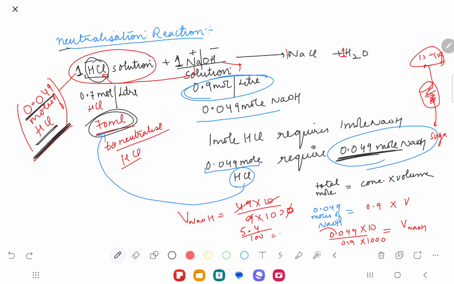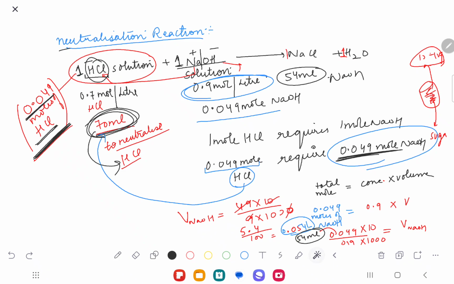So I will have basically 0.054 liters. 0.054 liters would be how much? Tell me. 54 ml. So basically 70 ml of HCl here could be neutralized by 54 ml of NaOH.